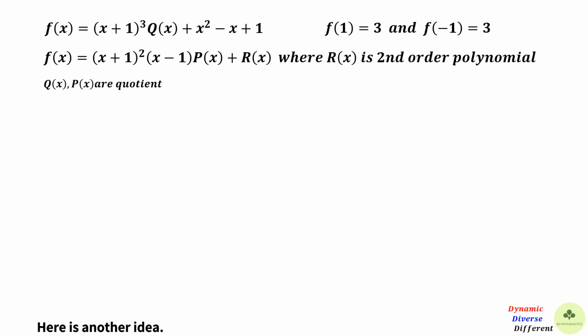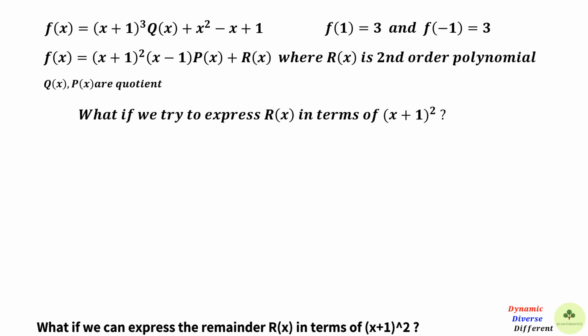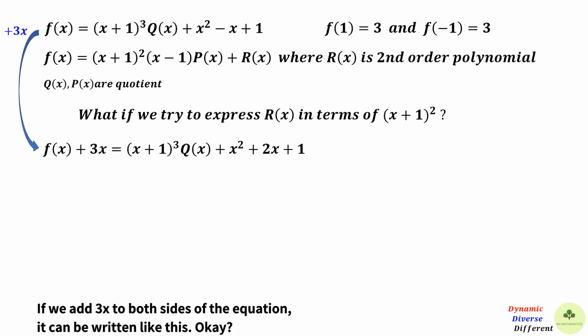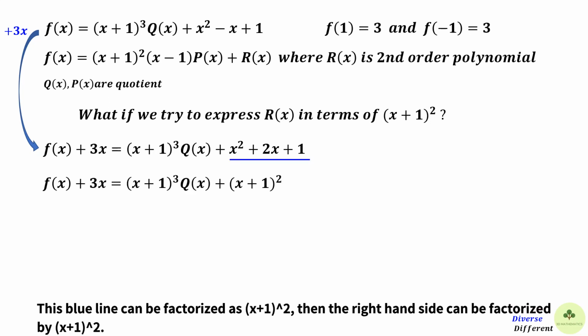Here is another idea. What if we express the remainder r of x in terms of x plus 1 squared? If we add 3x to both sides of the equation, it can be written like this, okay? And this blue line can be factorized as x plus 1 squared.